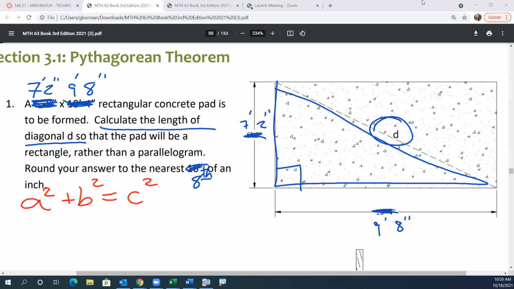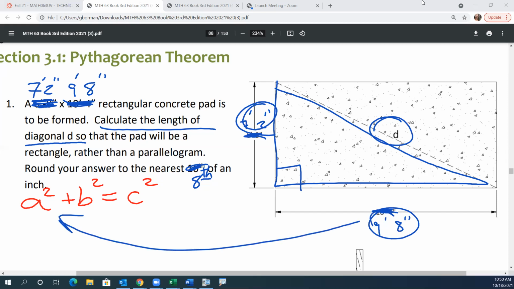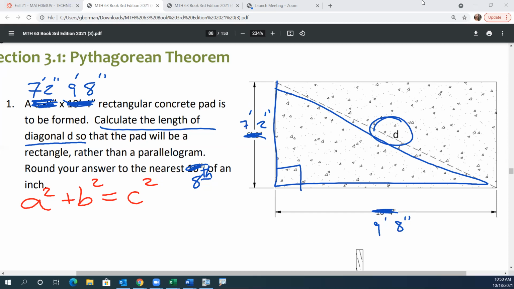Now, if we plug these numbers in right away, we get a problem because they're in feet and inches, and it'd be nice if it was all one unit. Let's make it all inches. That way we won't have any decimals or fractions, at least not at first.